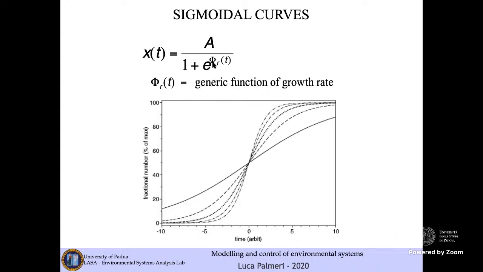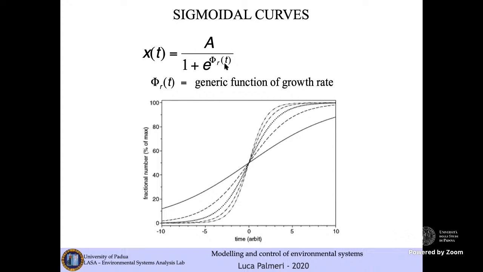So this is a function depending on the parameter growth rate that may change in time, according to the fact that the ability of these systems to grow may change in order to conform with the changing environmental conditions. So the very general description of limited growth is that of a sigmoidal curve, or in the specific case, the logistic growth model that we have seen.